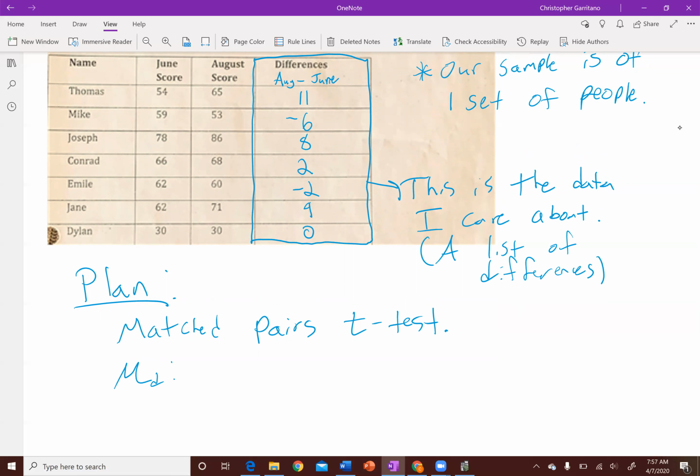I care about, on average, what is the difference. And if the difference is a large positive number, then that might indicate to me that this summer school, in this case, is actually doing a good job. If the difference is a large negative number, then that might indicate to me that summer school is actually hurting. If it's a number near 0, then I might not have evidence that proves it's helping or hurting, right? So, but either way, that is the parameter of interest.